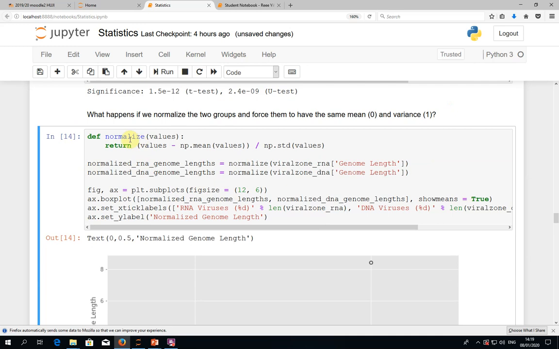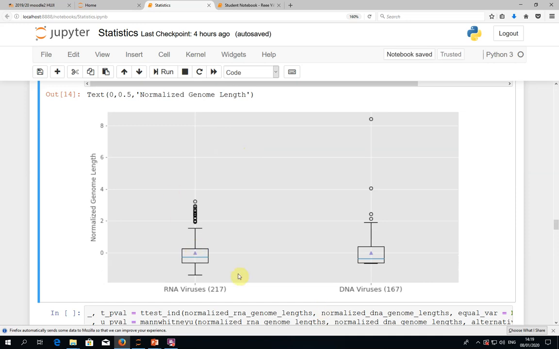So what we do here, we write this normalize function, which given any values will just convert them into z values. If you remember, a z value is just subtracting the mean and dividing by the standard deviation to get the same values, forcing them to have a mean of 0 and standard deviation of 1. So we do that for RNA viruses and for DNA viruses.